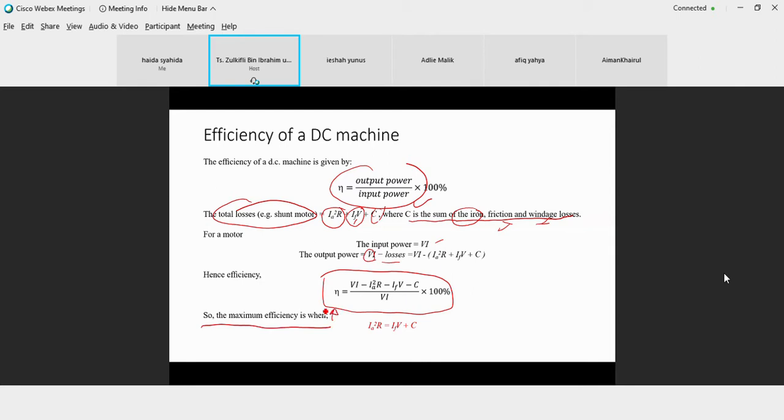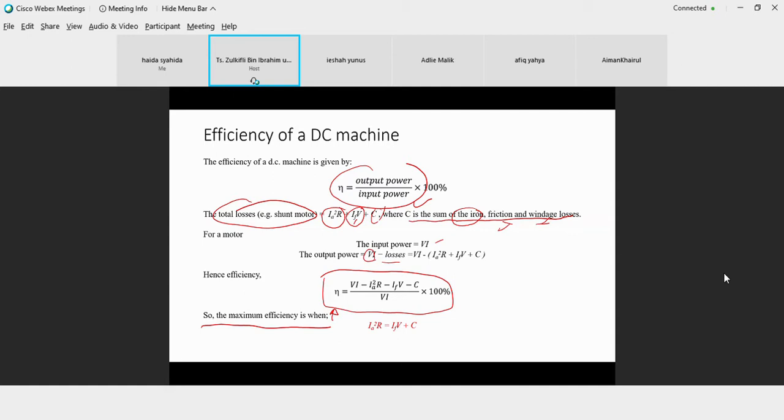From here we can find the maximum efficiency. From this equation, the maximum efficiency of the machine can be achieved when I square R is equal to I_F V plus C.